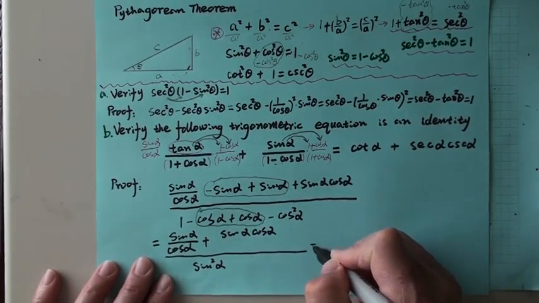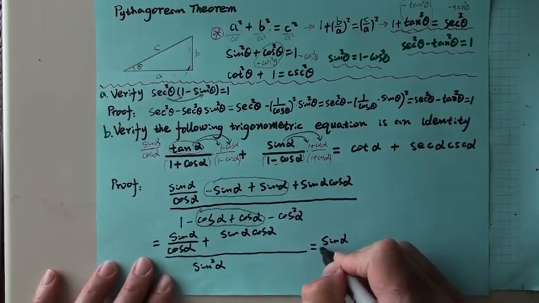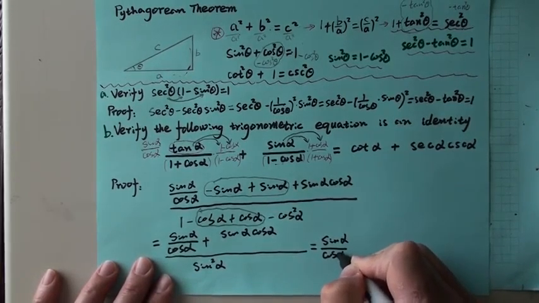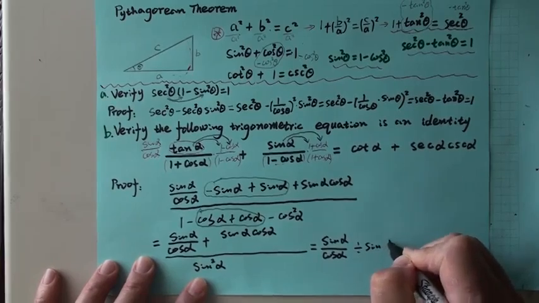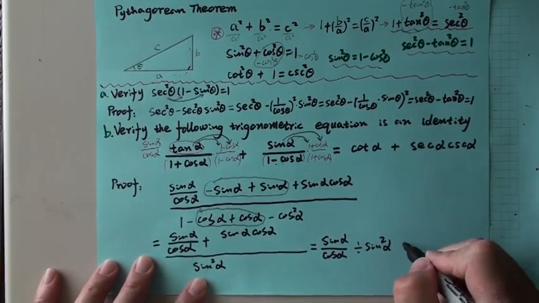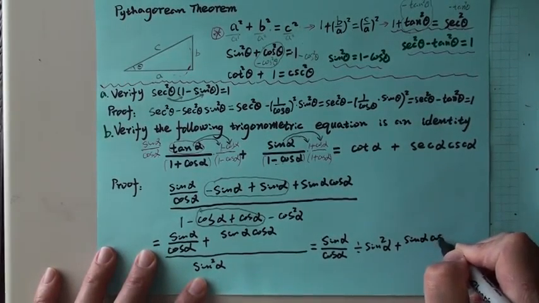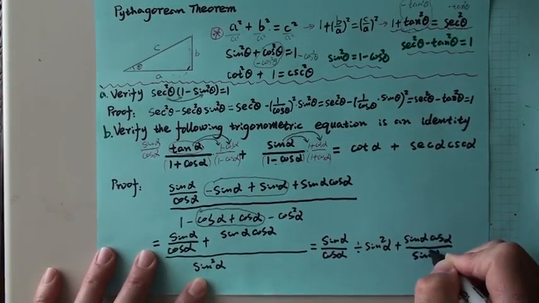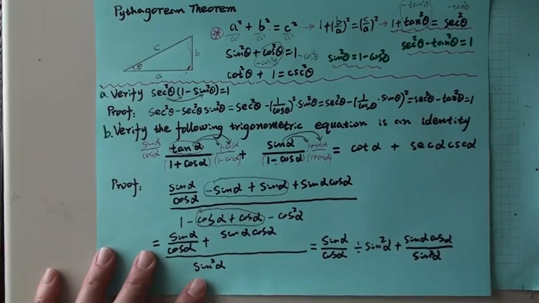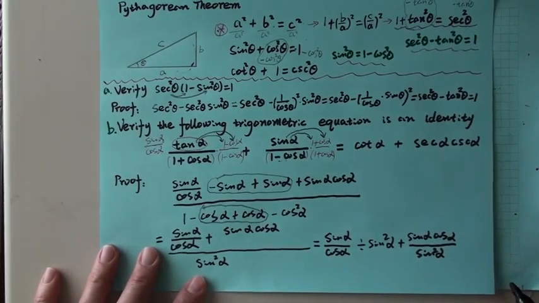Okay? And then you have sine alpha over cosine alpha, divided by sine alpha squared, plus sine alpha cosine alpha divided by sine alpha squared. Now we're going to do a little bit more and give you more details.